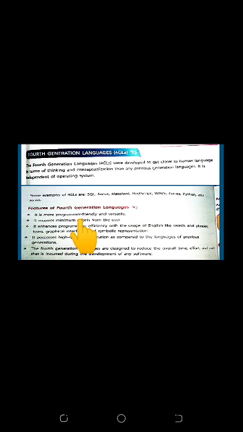It is more programmer friendly and versatile because it is very easy to write. It requires minimum effort from the user, because of the simple language we are using.